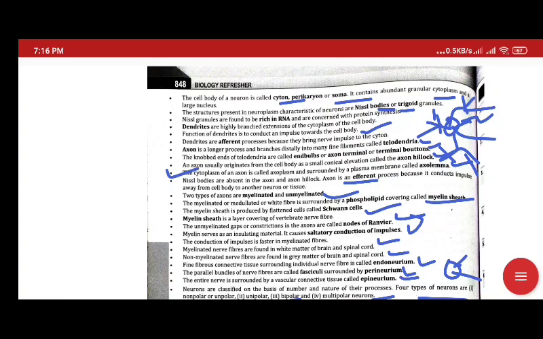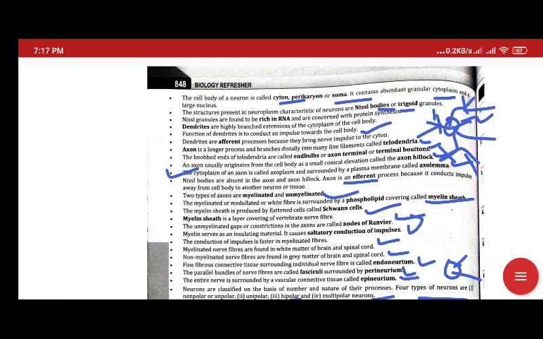In the first, epithelial tissue, we have the function of covering and glands. In connective tissue we studied the connection of two tissues to make an organ functional. Then we have muscular tissue, of three types.